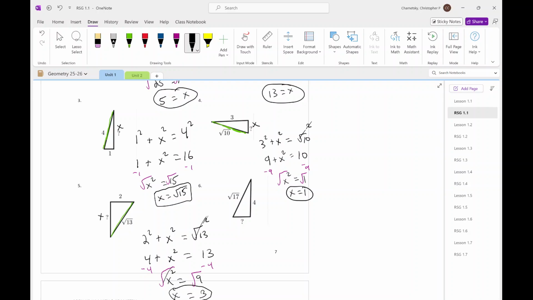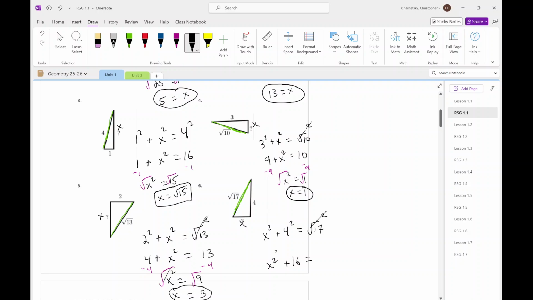And for our last one, there's our hypotenuse. Put x for our missing side, so x squared plus 4 squared equals root 17 squared. X squared just says x squared. 4 squared is 16.